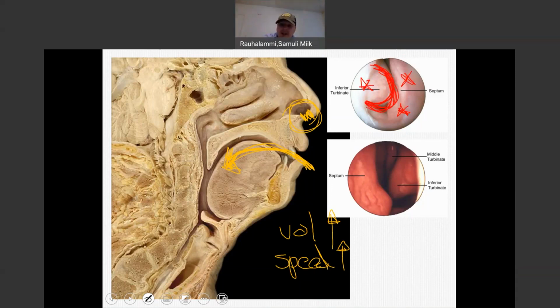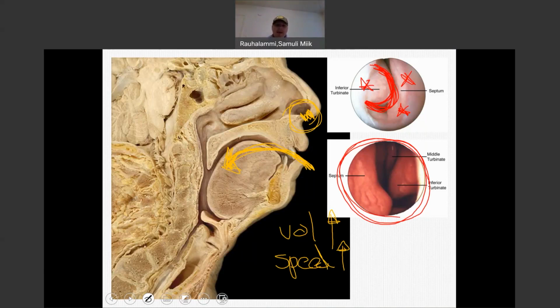So rather, I would say that the second image that we see here, this endoscopic view of the nasal cavity, is probably much more normal looking, at least for what I would be looking for. The turbinates are not protruding as extremely, the color looks much better, and so on.